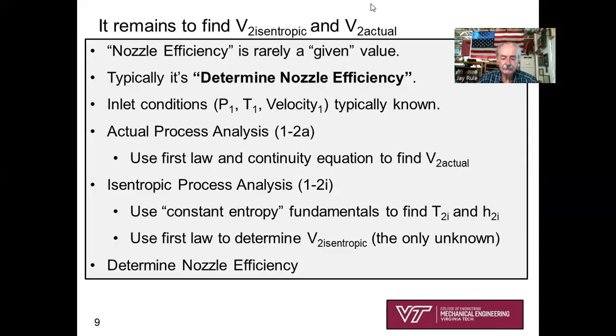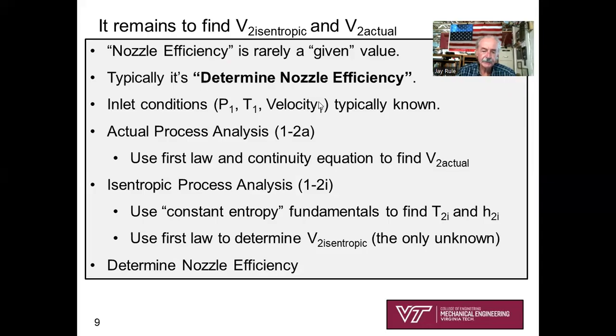So let me step you through a typical approach for dealing with nozzle efficiency. Unlike turbine, compressor, and pump efficiency, nozzle efficiency is rarely given. It is typical that you're asked to determine nozzle efficiency from certain given information.